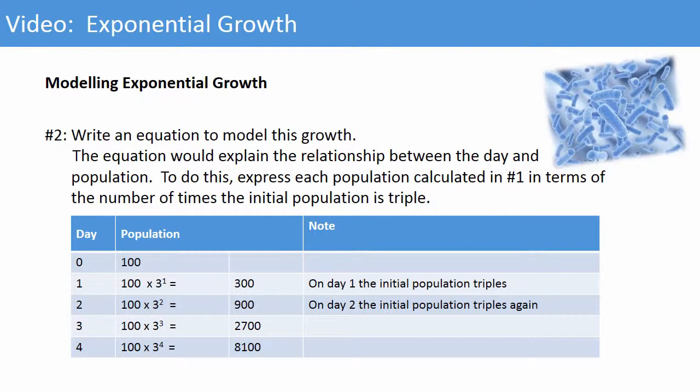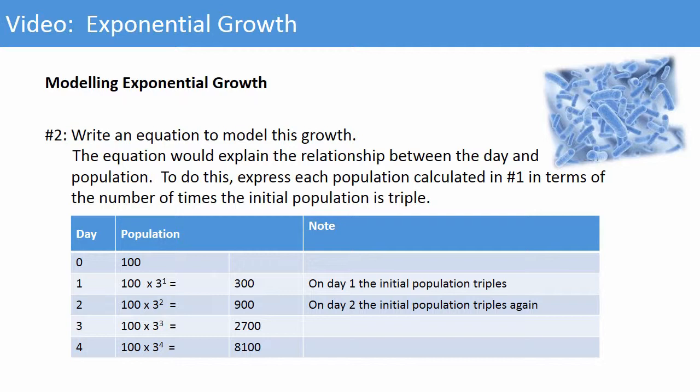We will take our table of values and set our initial value to be 100 and multiply it by 3 because we are tripling, but we will include the exponent value to represent the day. So for day 1, we start with 100 bacteria times 3 to the exponent 1. And this will give us the same answer we found in number 1, 300.